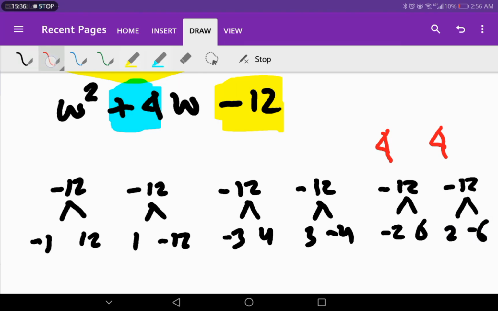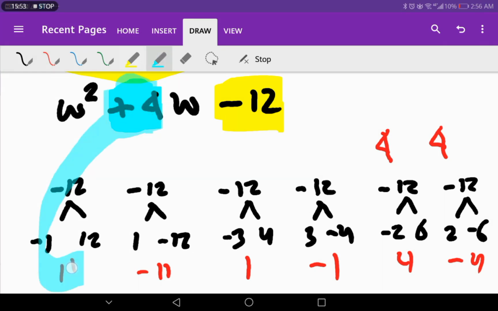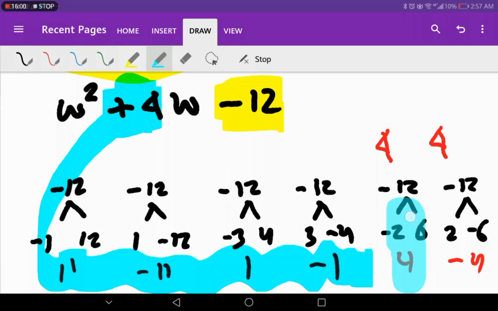If you find the sum for all here, it is 11, negative 11, 1, negative 1, 4, negative 4. But what am I looking for? Positive 4 here. So this does not work, not work, not work, not work. But here it works.